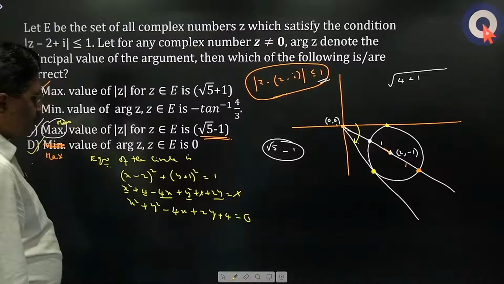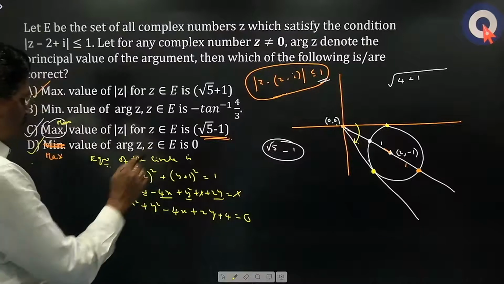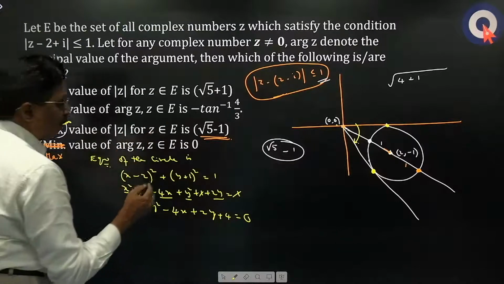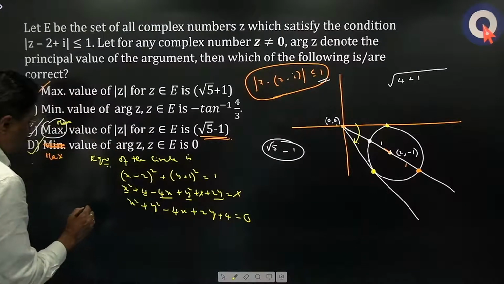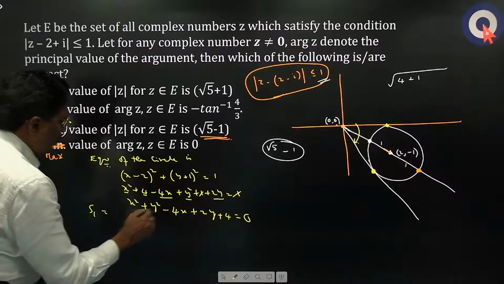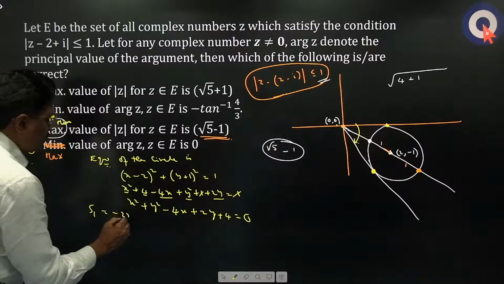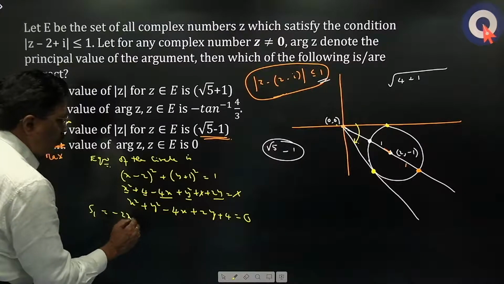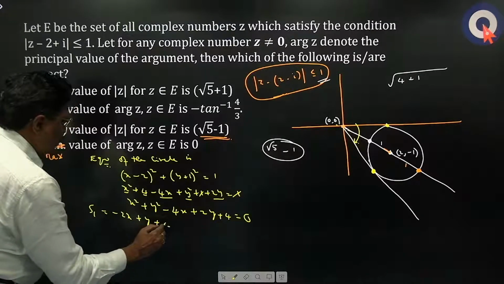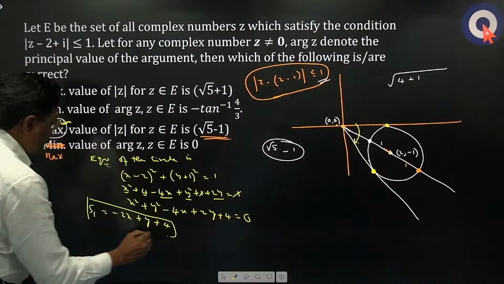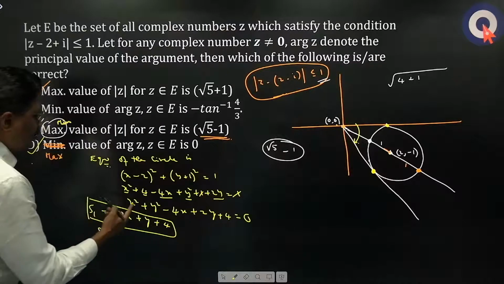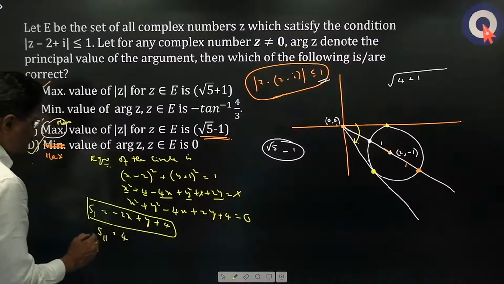Now S1, where the point under consideration is 0, 0, will be 0, 0 minus 2 into x plus x1, x1 is 0, plus y plus y1 is 0, plus 4. This is S1. Now S11 will be x equal to 0, y equal to 0, so I get S11 as 4.